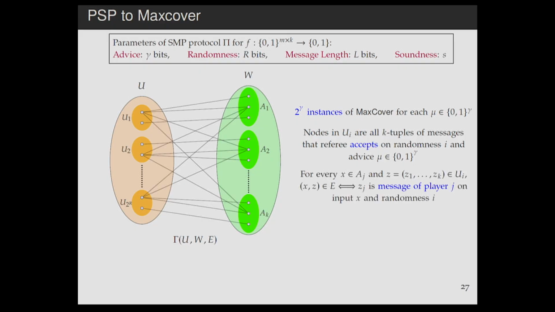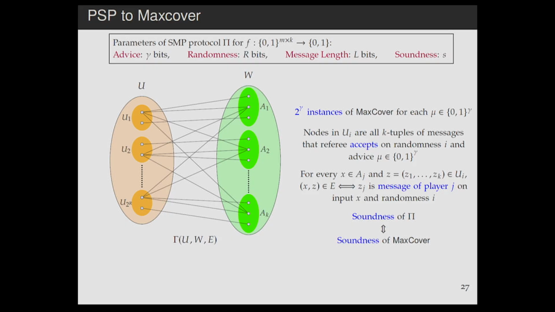And finally, you set an edge if the message for player I corresponds to that input, the message that the player would have sent at that input on the right. Okay? And that's more or less it.